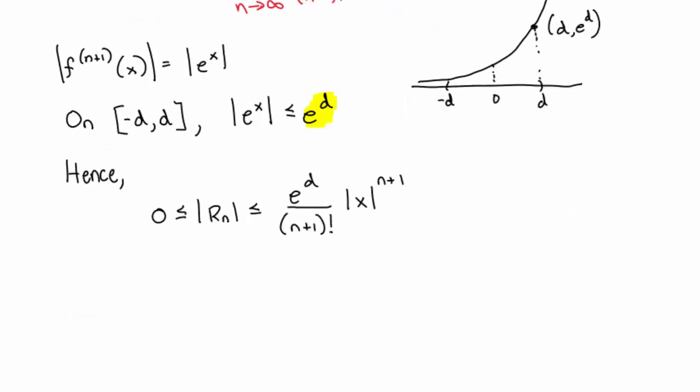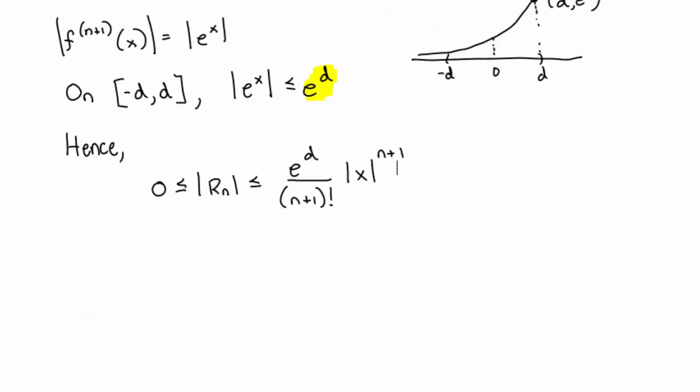Now, as you should be able to use all of your knowledge from previous math courses here, specifically from Calc 1, using the squeeze theorem, I'm going to take the limit as n goes to infinity of all sides of this triple inequality. So just putting this in here. And one thing I am going to do is that e to the d power is a constant.